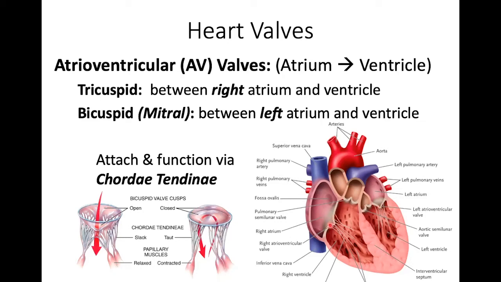Now, both of these atrioventricular valves are connected to the endocardium in a very unique way. And that is through these connective tissue-like tendons known as the chordae tendineae. And these chordae tendineae connect directly to these extensions within the ventricle known as the papillary muscles.